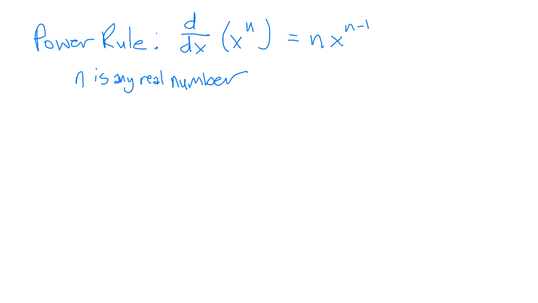Just a quick example, to show you how it works: we're going to find the derivative of the function x cubed. We're going to take this 3 and push it right out down here in front.